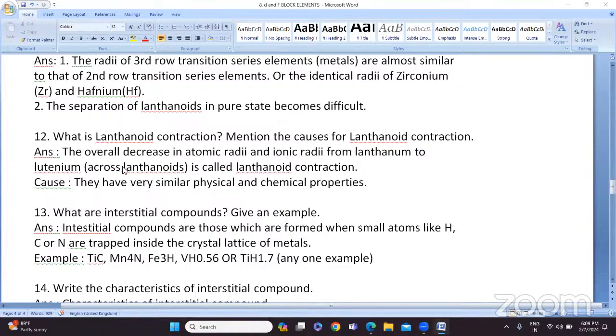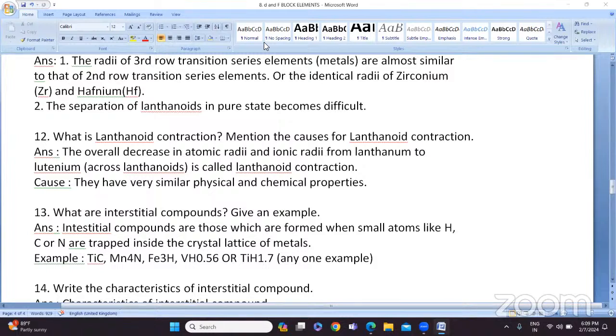Next question: what is lanthanoid contraction, and mention the causes for lanthanoid contraction. Answer: the overall decrease seen in the atomic radii and ionic radii from lanthanum to lutetium, that is, across the lanthanoids, is called lanthanoid contraction.